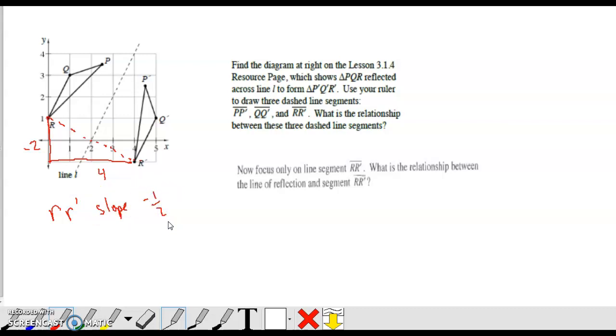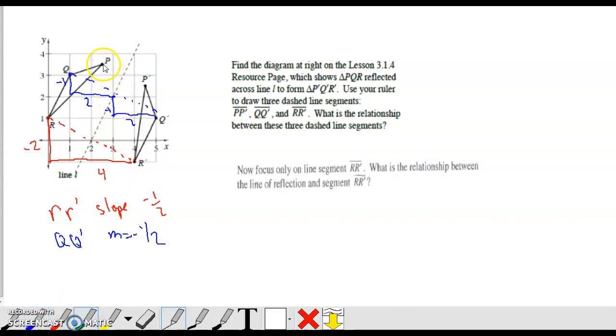So let's test it out. Let's see if that's actually true for the other ones, which we kind of already discussed. So if I go down 1 over 2, I hit my line of reflection. And then again, if I go down 1 and over 2, notice that again I hit my Q. So notice that these all have still the slope of -1/2. So R prime, Q prime, again, the slope is -1/2.